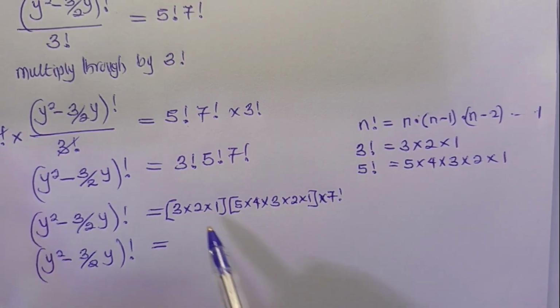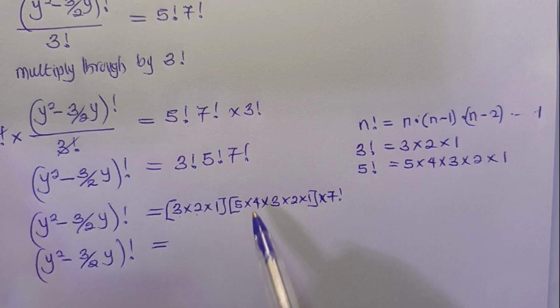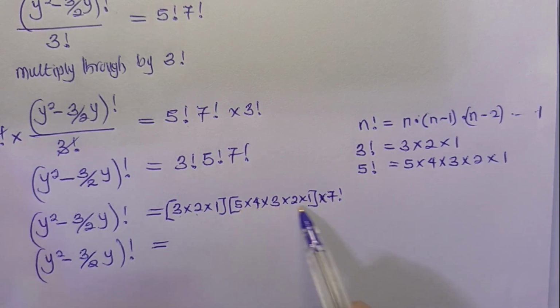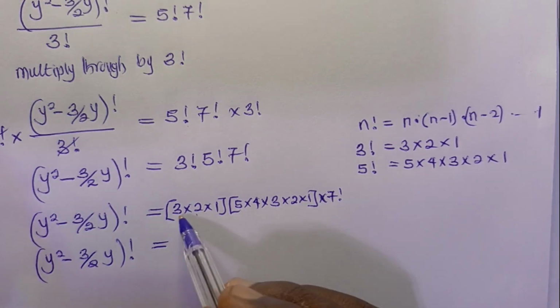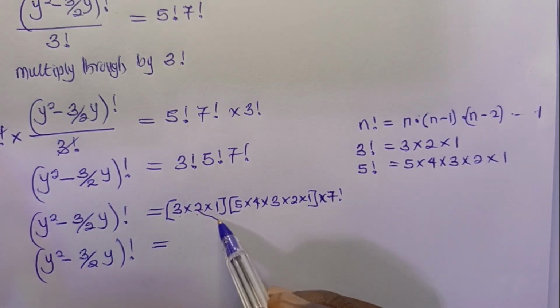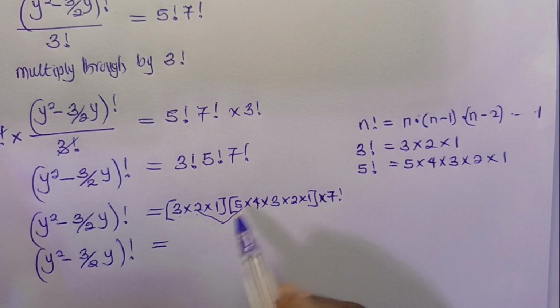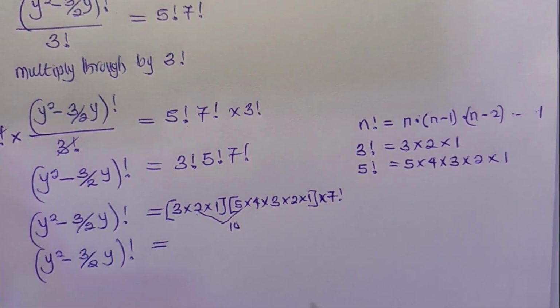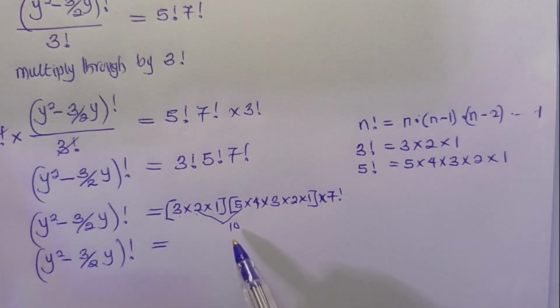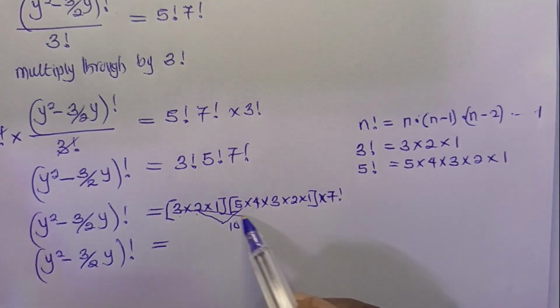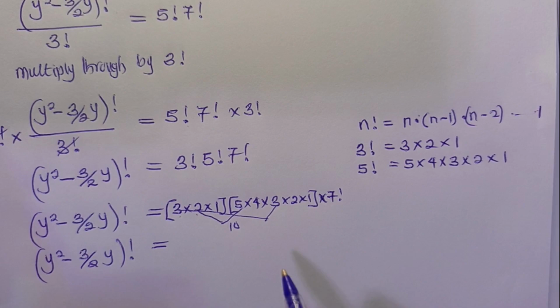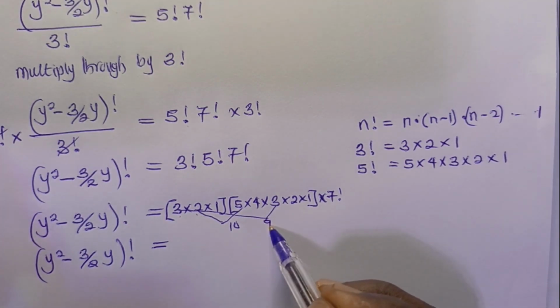You can see that we have 3, 2, 1 here, and 5, 4, 3, 2, 1 here. But looking at this, if we take 2 times 5, you get 10, right? We are multiplying. And if we take 3 here times this 3, we will get 9.